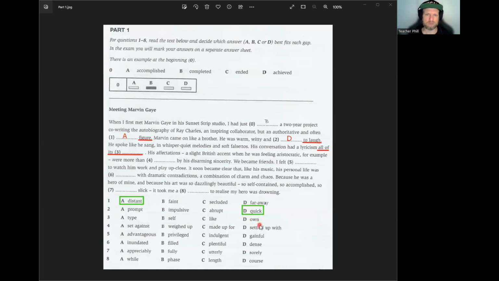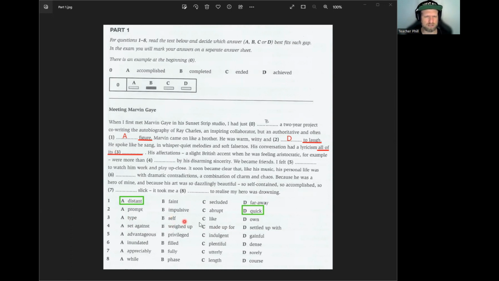So when we say this, his conversation had a lyricism all of its own, it kind of means it's unique to the way he speaks, or the way he expresses himself. I think when we talk about a type, maybe you could say his conversation was of a certain type. Itself, we would write that in one word.